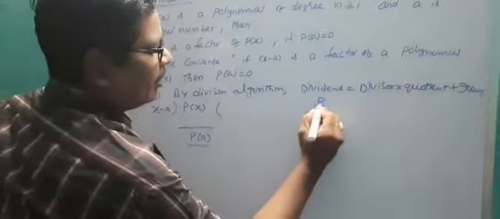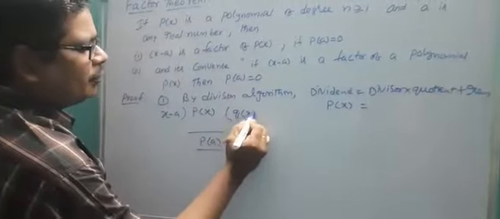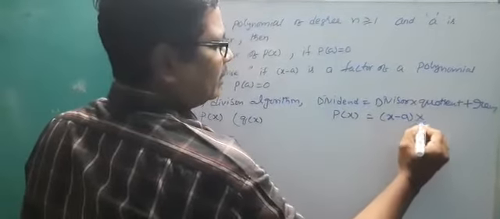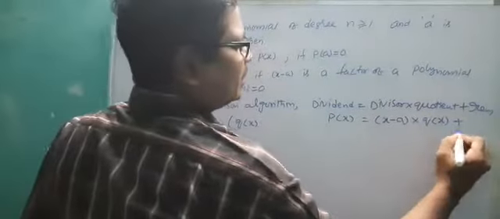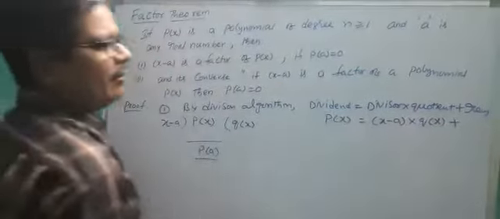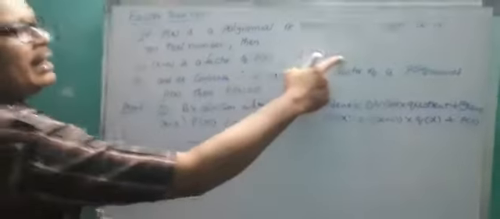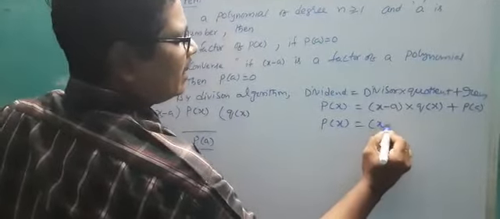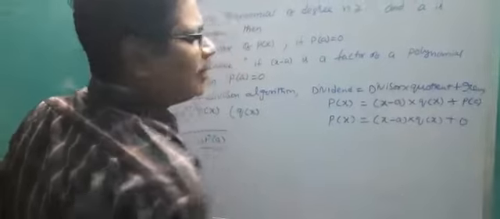So p of x, the dividend, equals x minus a, the divisor, into the quotient q of x, plus the remainder p of a. So in the first case the remainder equals 0, so p of x equals x minus a into q of x plus 0.